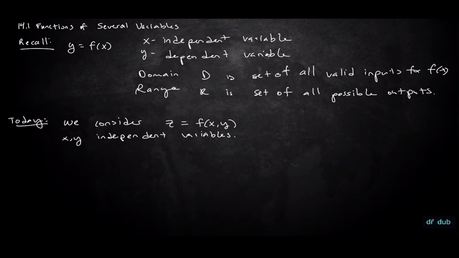If you vary x, y is not going to change at all. There's no way to know what y is going to do if x does something. z is now the dependent variable.